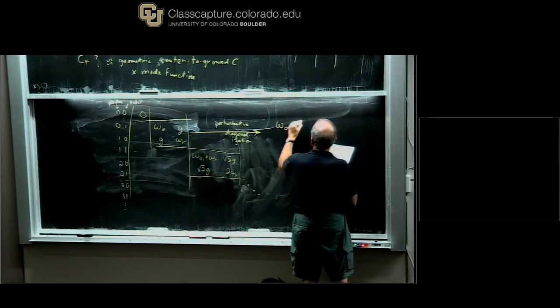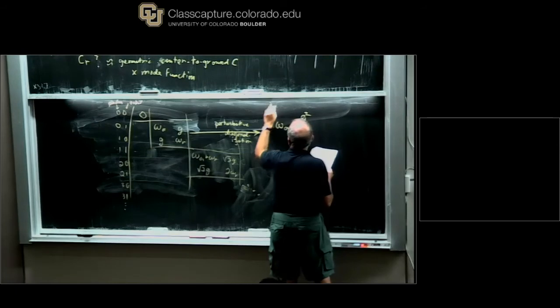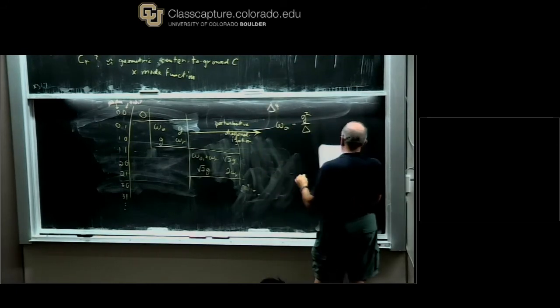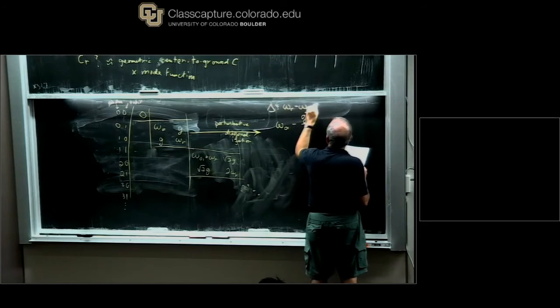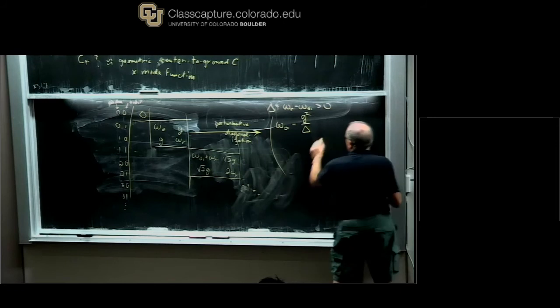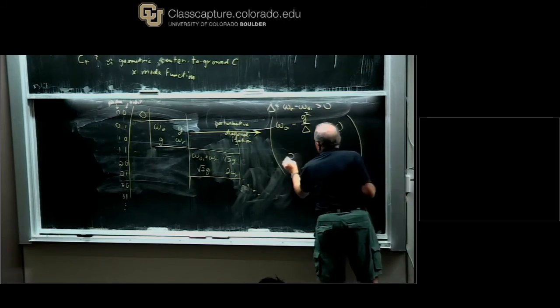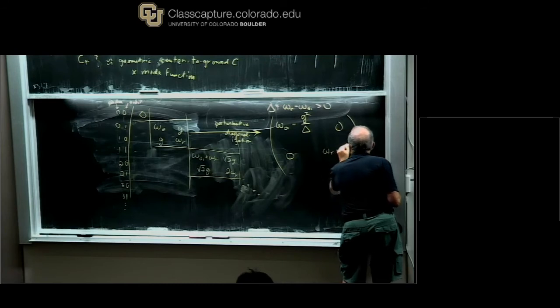Omega minus g squared over big delta being defined as omega r minus omega 0, 1. Let's consider that to be positive, although it works either way. So that's one part of this, and then diagonalizing this part, omega r plus this, g squared over delta.